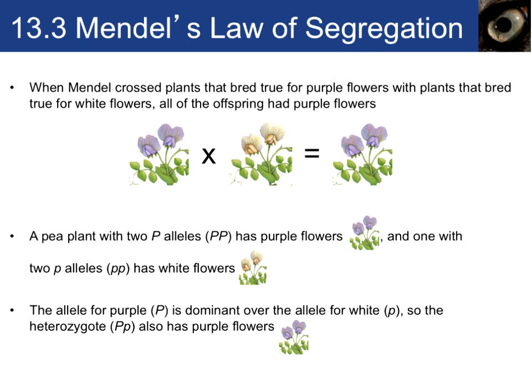So we now know that flower color in the pea plants is governed by one gene, and the allele that codes for purple flowers, or capital P, is dominant to the allele that codes for white flowers, or lowercase p. Remember, he didn't know this at the time. He did these experiments that pretty much determined how this genetics works.